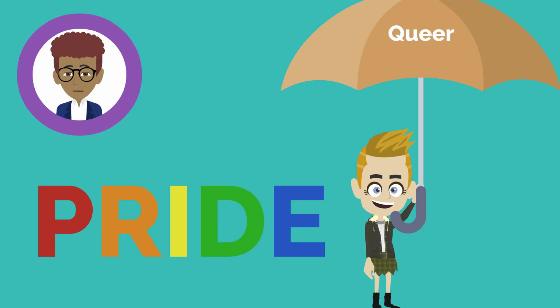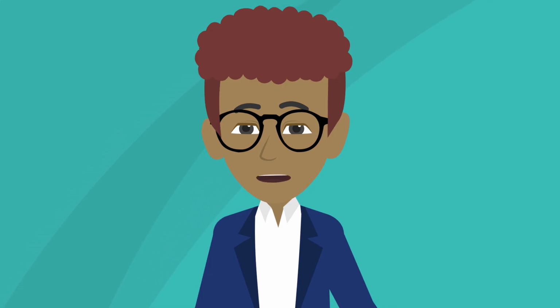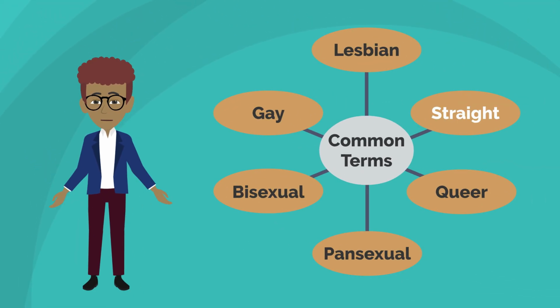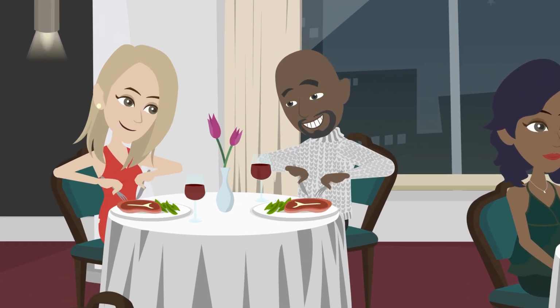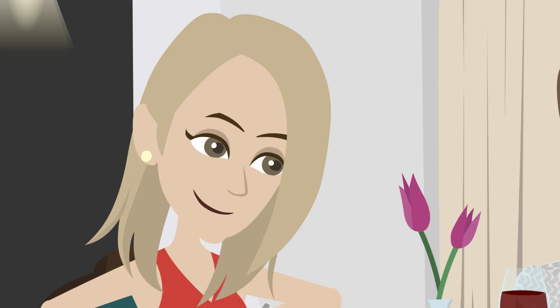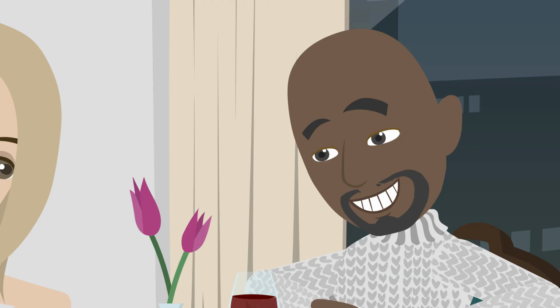It's always best to use the term only if the person self-identifies as queer, and if the person gives you permission to refer to them in that way. Lastly, some people identify as straight.